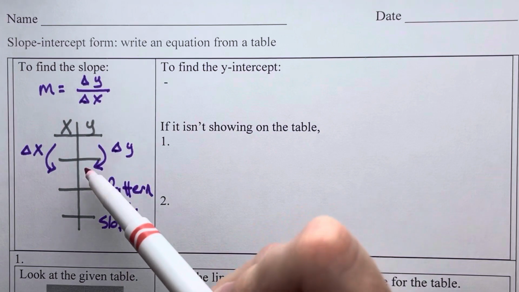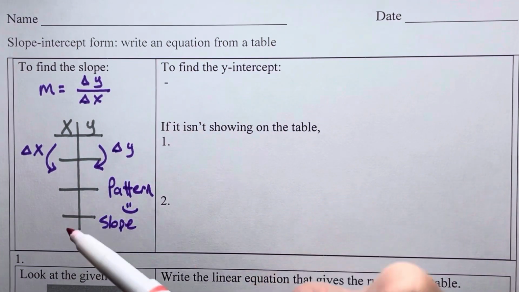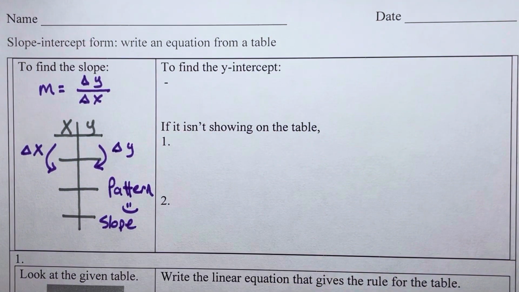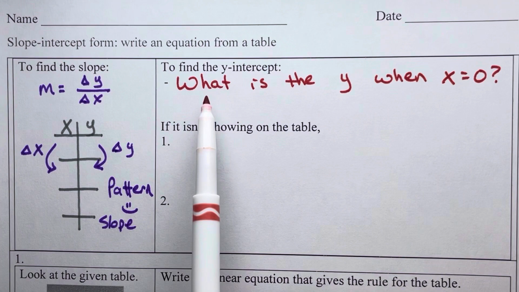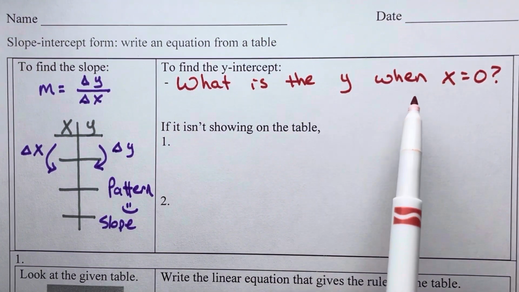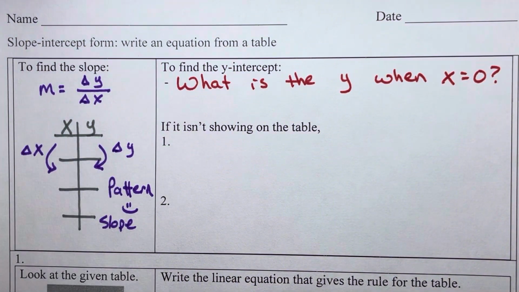After we have found the slope, the pattern of movement from row to row in the table, we have to then find the y-intercept. To do this, we have to answer the question of what is the y when x is equal to 0 on our table.